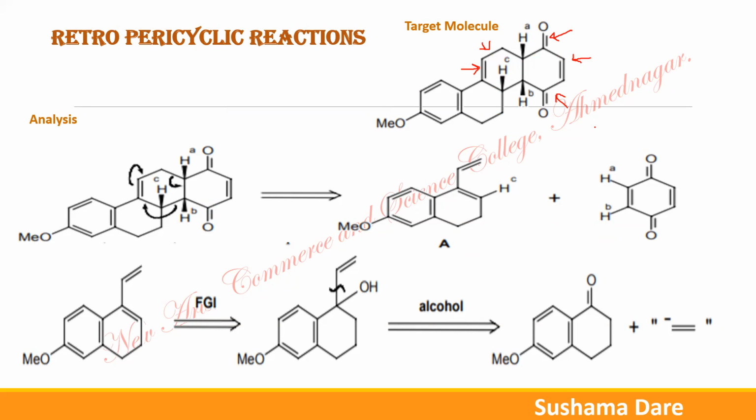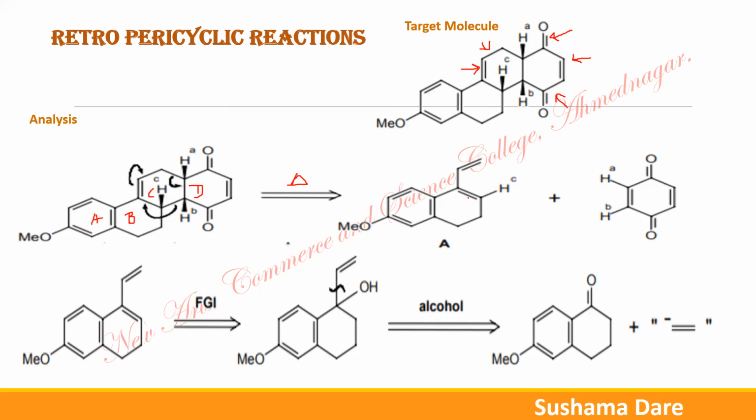So the condition is fulfilled here, and we can go with the retro-Diels-Alder reaction. This is ring A, this is ring B, and this is ring C and D. So we can go with the retro-Diels-Alder reaction for ring C and D. Again write down heating here and complete the retro analysis.